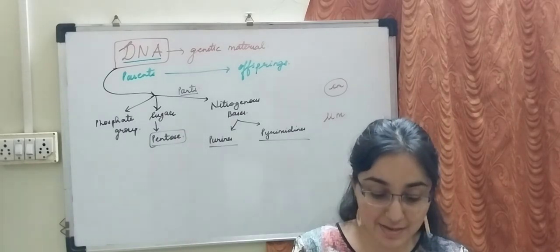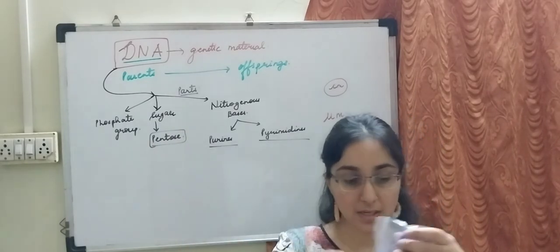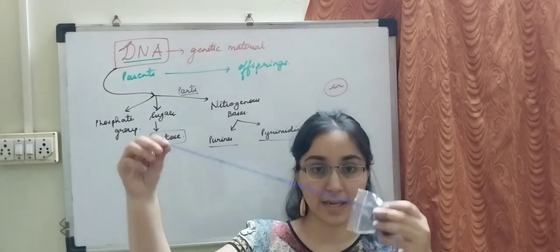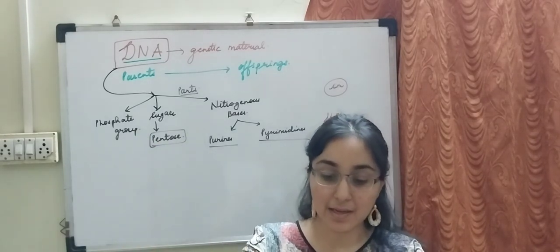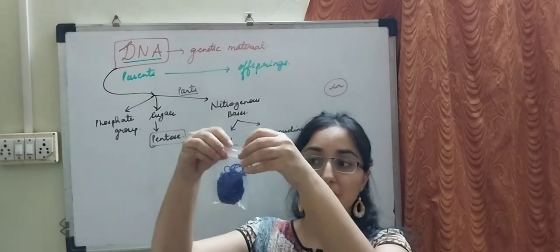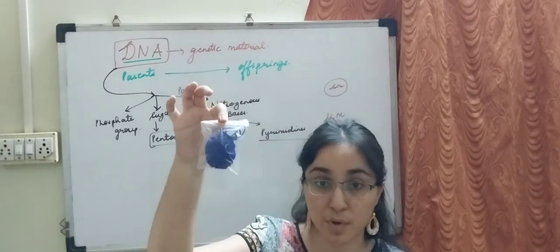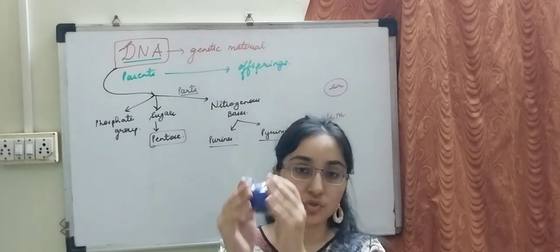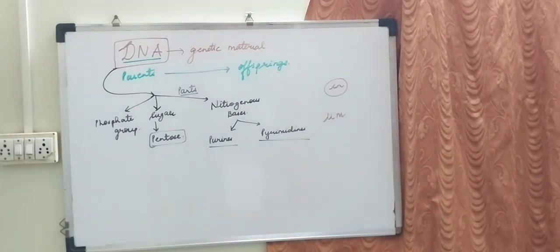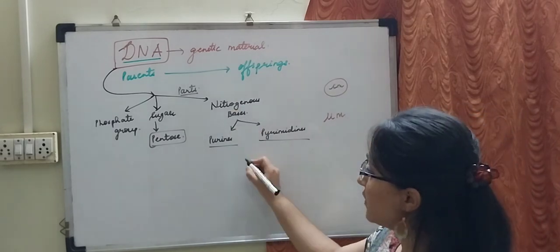So if DNA was huge in centimeters, then it was actually packed and it was looking like this. Now it is smallest. So the condensation goes to this small.